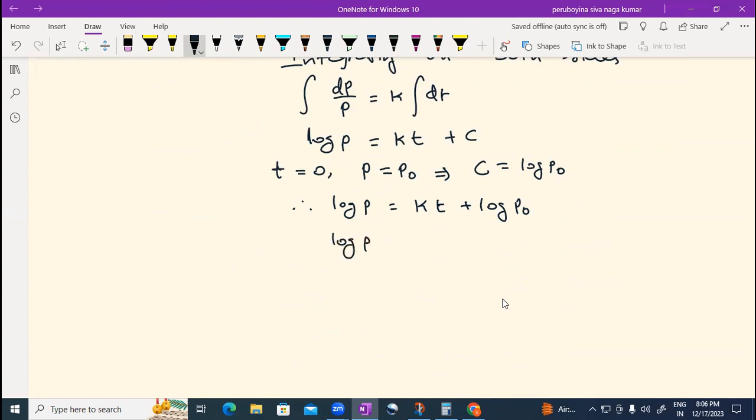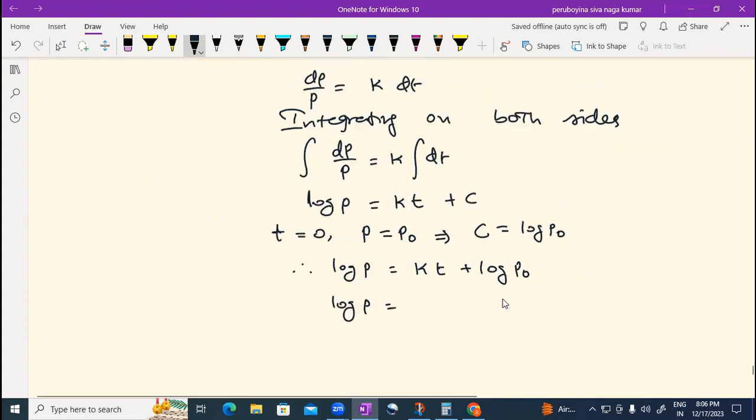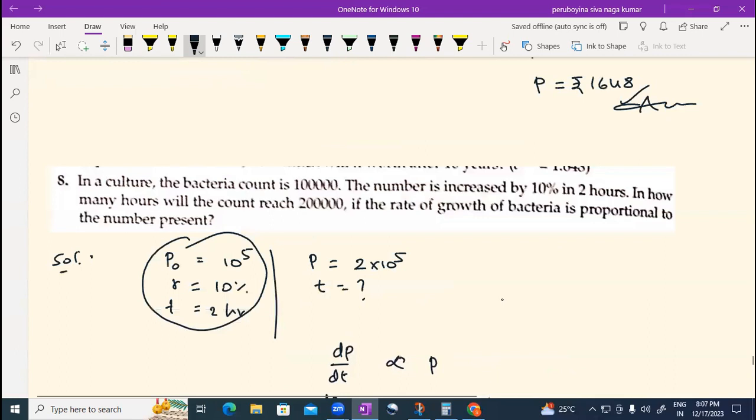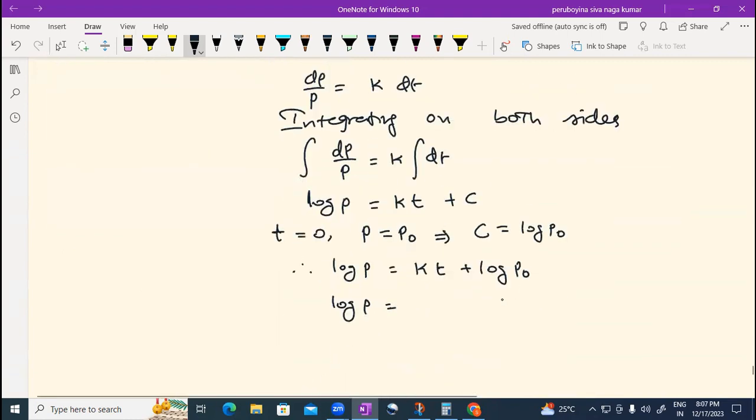So log P is equal to, 10% means 10 by 100 you can write into T plus log P naught.